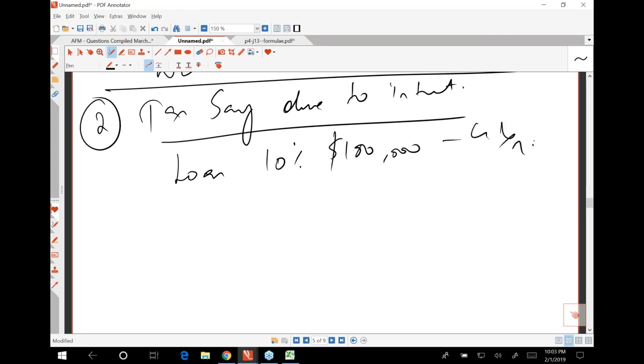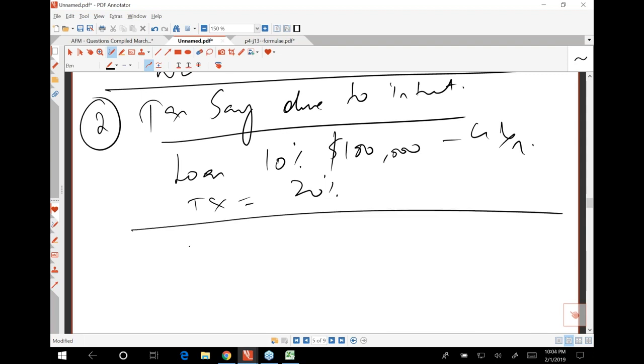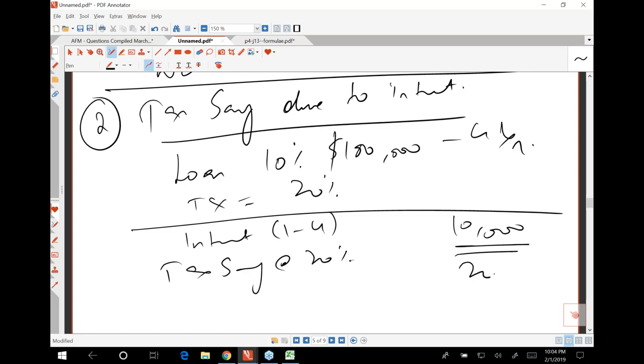The prevailing tax rate is assumed to be 20%. So you would have an interest expense from year 1 till year 4 of 10,000, and the tax savings at the rate of 20% would turn out to be 2,000.